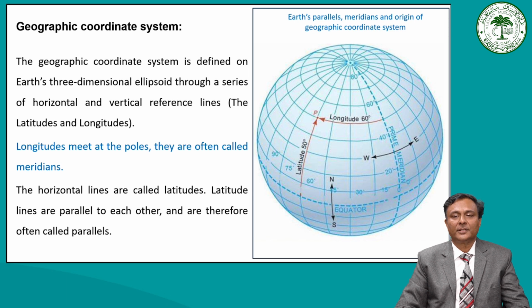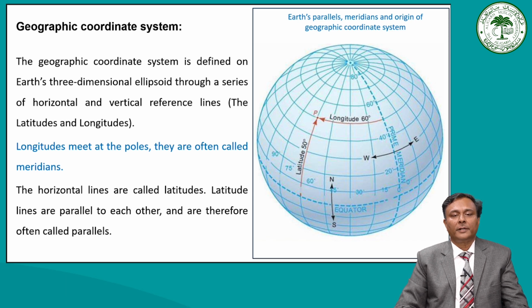A latitude measures the angle from the equatorial plane to the location on the Earth's surface, whereas a longitude measures the angle between the prime meridian plane and the north-south plane that intersects the location of interest, which is very clearly depicted in this diagram.